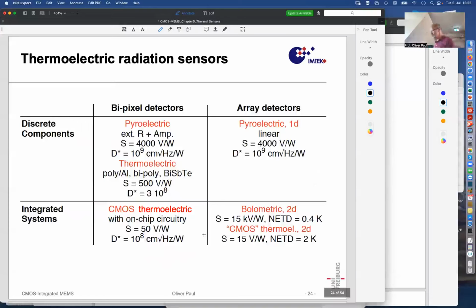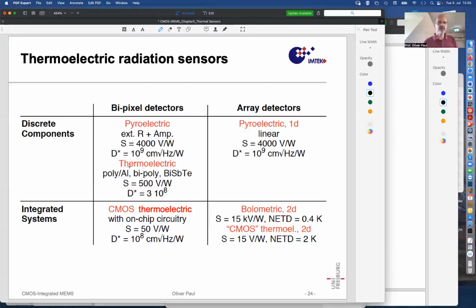So let us look at some numbers. I compared here pyroelectric with thermoelectric detectors. So commercial ones have sensitivities or responsivities of 4,000 volts per watt and detectivities of 10 to the 9 centimeter per square root hertz per watt.